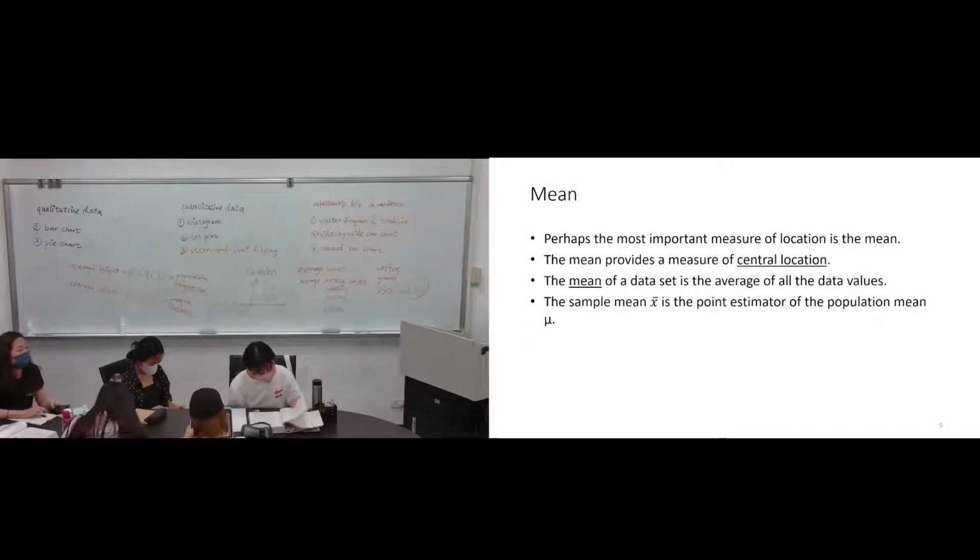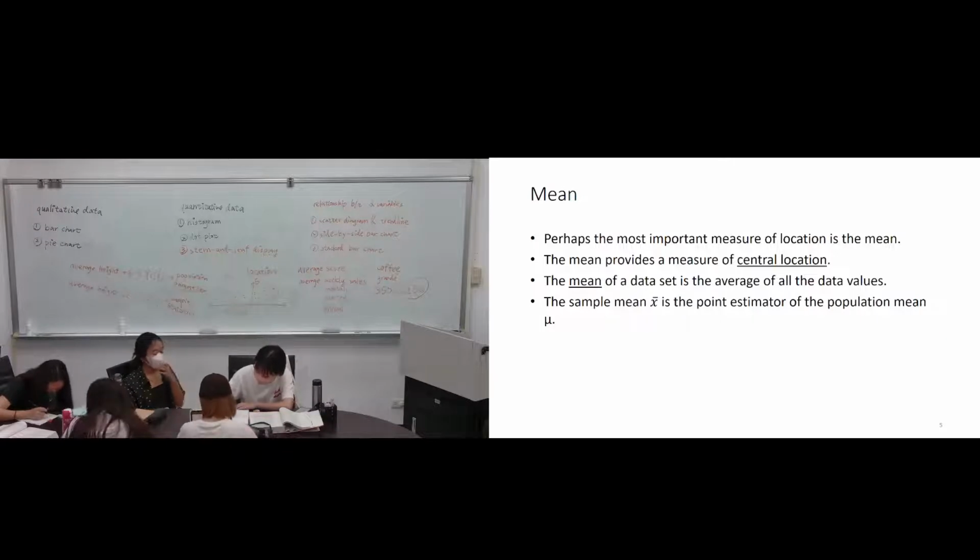Let's see the mean. Mean is the most important measure of location. The mean provides a measure of central location. The mean of a data set is the average of all the data values. For the sample mean, we use the symbol X bar.